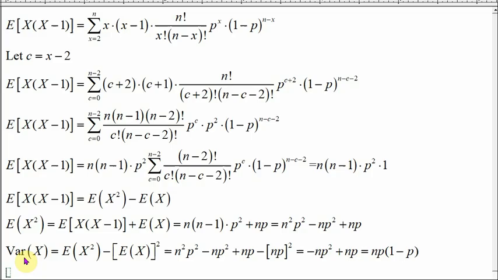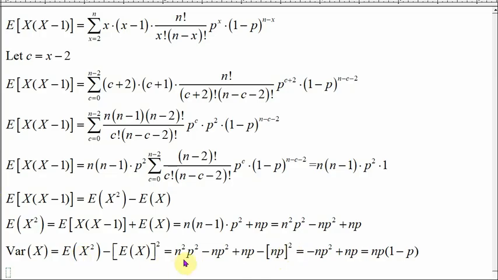And so the variance of x is equal to the expected value of x squared minus the expected value of x, squared. And this expected value of x squared is going to be n squared times p squared minus np squared plus np. And then the expected value of x is np, and then we square it.